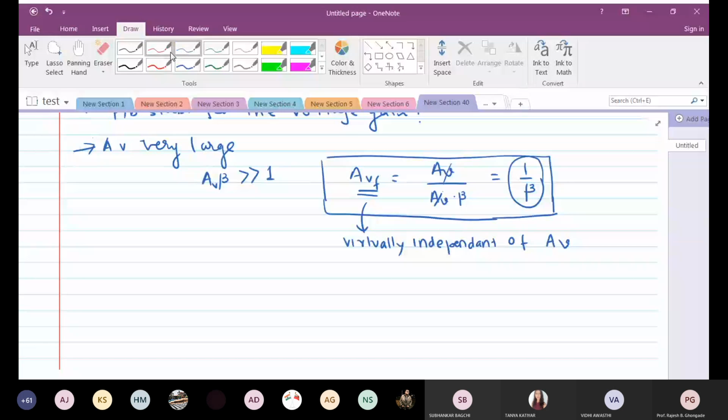So we are removing the dependency of amplifier voltage gain on the device parametric variations. You getting it? Yes, sir. All right.